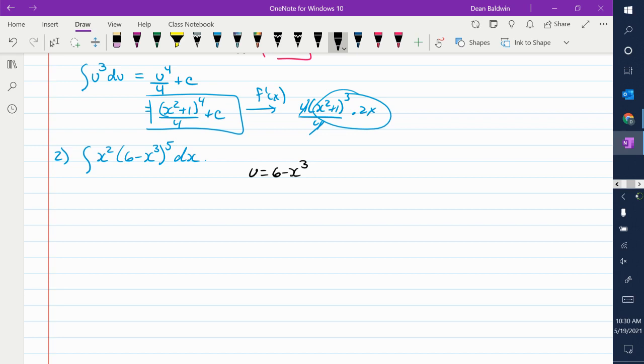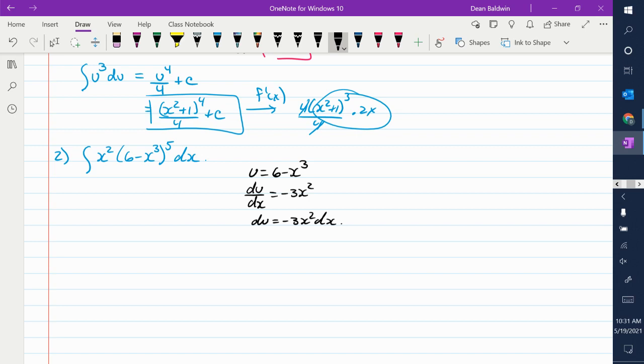Take the derivative. Du over dx equals minus 3x squared. If I multiply the dx up, I get that. Now, is there anything in our integral that looks exactly like this? No, but what is there? There's an x squared in the dx.